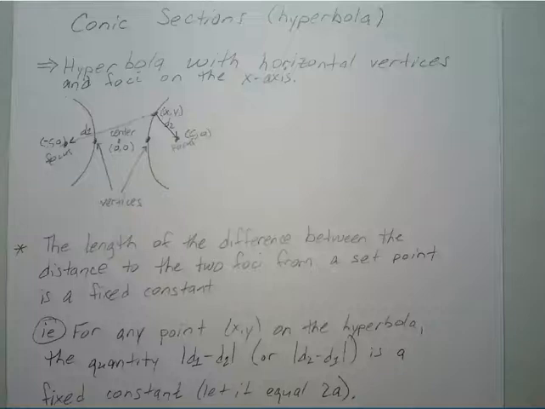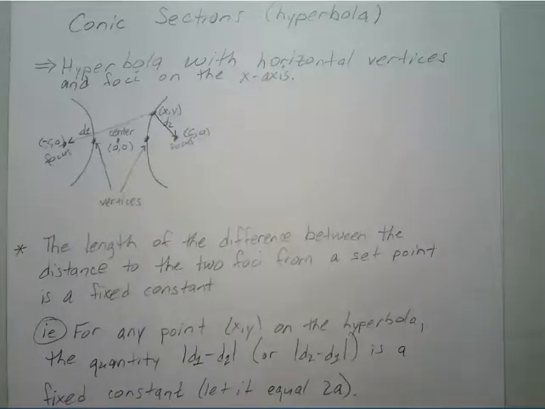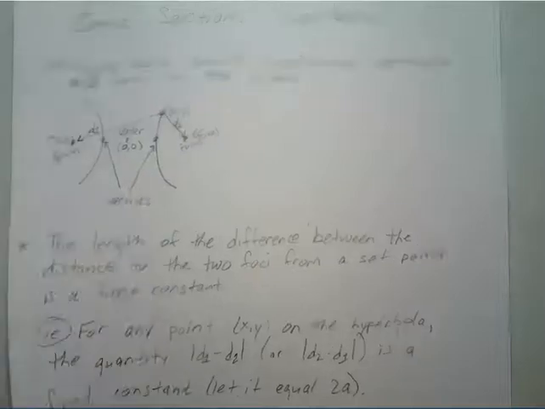Using that information, we're going to come up with the formula for our hyperbola. If you're still writing this, feel free to press pause and keep on writing. We're going to go ahead and start on our proof.